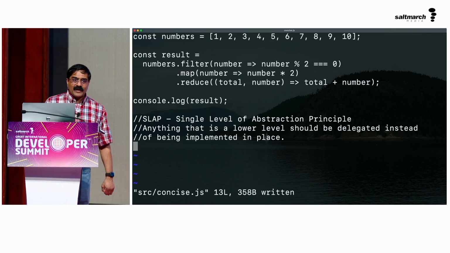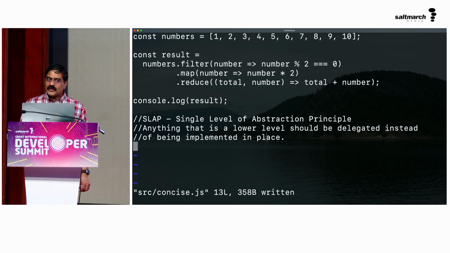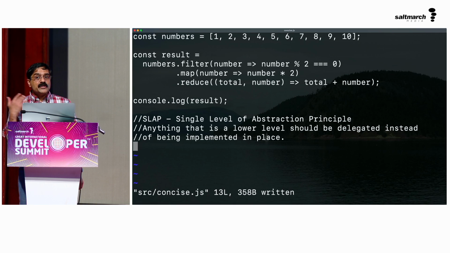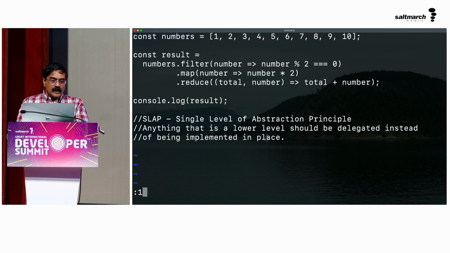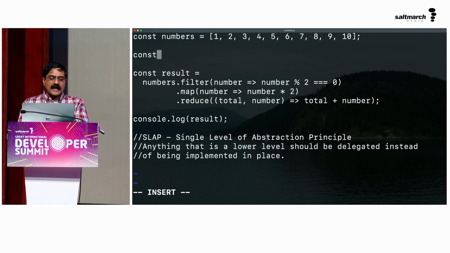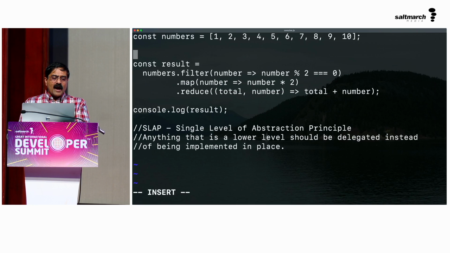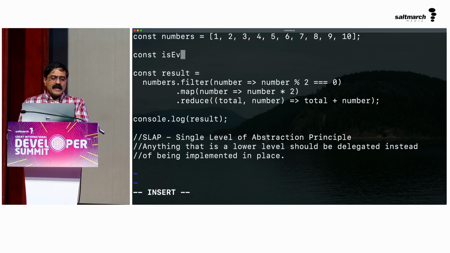So what is the benefit of delegation? You don't waste your time to understand. You can also reuse the code. It also becomes easier to test. So what I'm going to do in here is to go back and say const. Well, first of all, notice the code is still running, but I say const isEven equal to, given a number, number mod 2 is equal to 0.